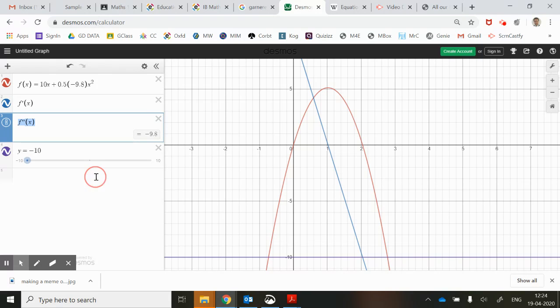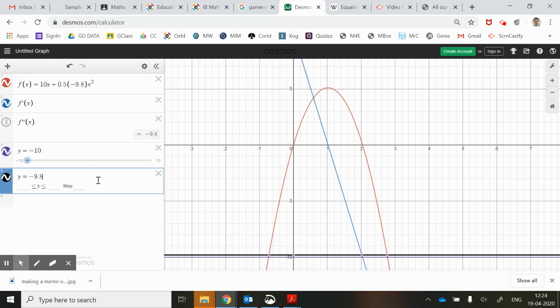Now it's not plotting that, but if we wanted to plot that, we'd have to plot equals minus 9.8. So let's just get rid of this graph. That would be the black line in this case, equal to your acceleration. So throughout the blue line, you have a decreasing velocity, decreasing by 9.8 meters per second every second.